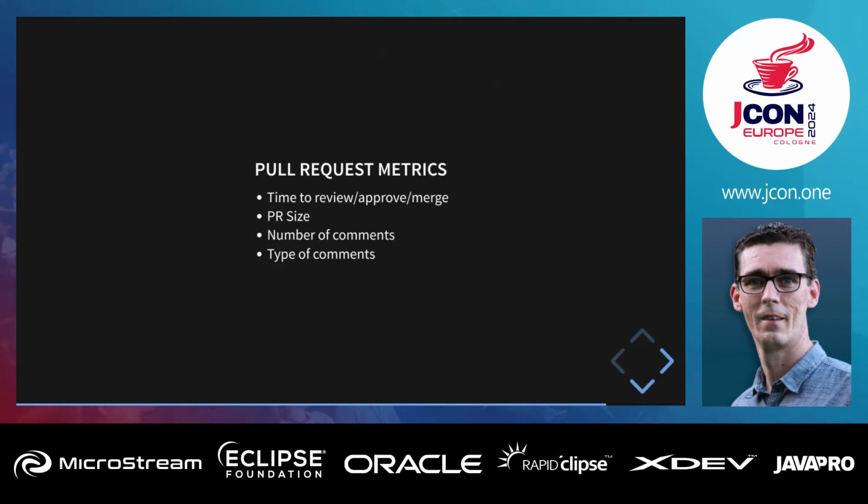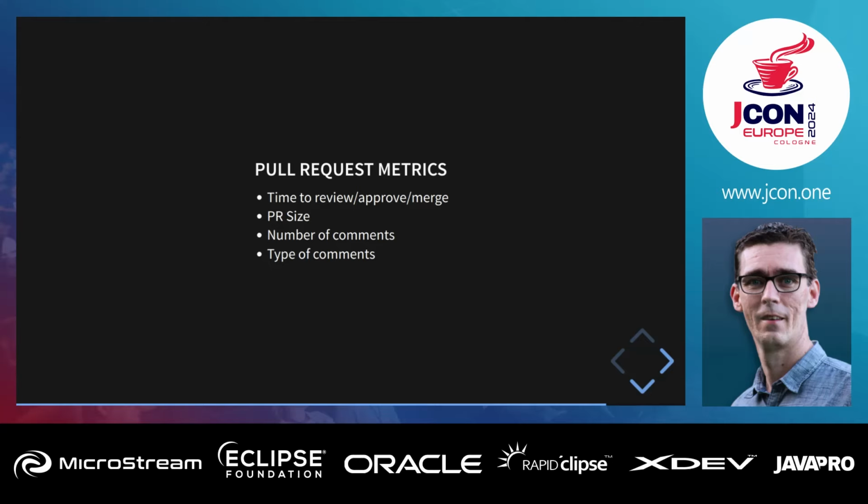So an important one is pull request metrics. Time to review, time to approve, those are numbers that are interesting as you might think about that part of the size. PR size, of course, how many lines were changed. Number of comments is also an interesting one.